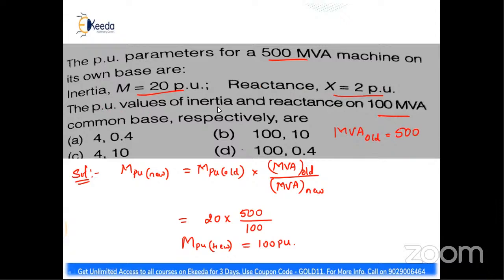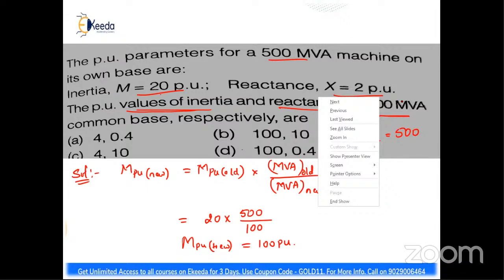The PU values of inertia and reactance on, so now we have to find out the PU values of inertia and reactance value, that is the new values of PU and new values of reactance. When it was 500 MVA, the inertia is 20 PU and reactance is 2 PU.